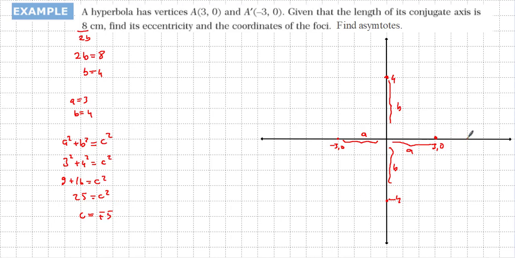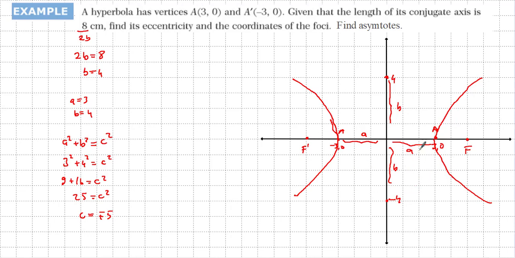So it means the focus points are here, f, and here, minus, f prime. This is a and a prime here, and with respect to that, our hyperbola is going to be something like this. Here it's something like this, and here something like this. Okay.